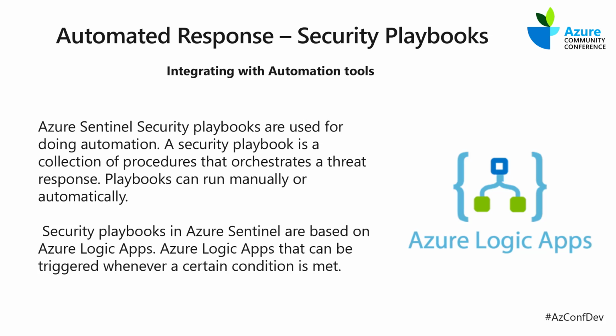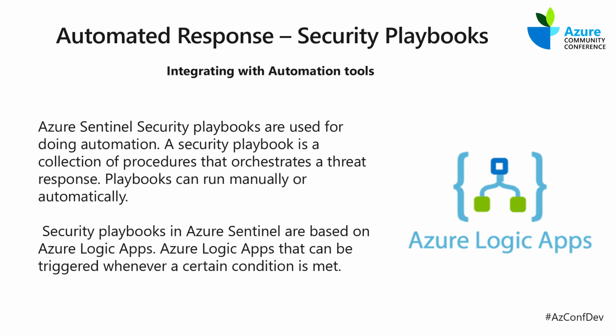A very simple example would be whenever there is a specific activity in your network. For example, if somebody has deployed a machine with some configuration which is not allowed in your environment, then you can send out an email. This is not a classic example of automation, but I'm just showing how you can use a Logic App.